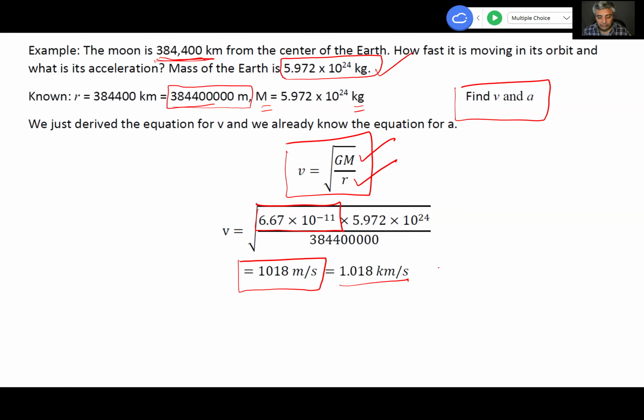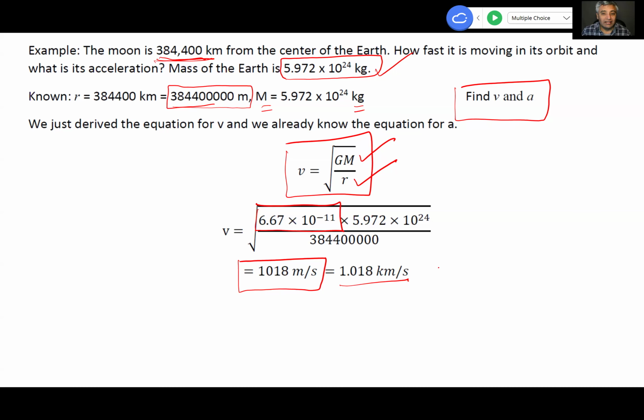So how fast is the moon moving around the Earth? Around 1 kilometer per second. If you have no idea how much 1 kilometer is, it is about 0.6 miles, slightly more than half a mile.